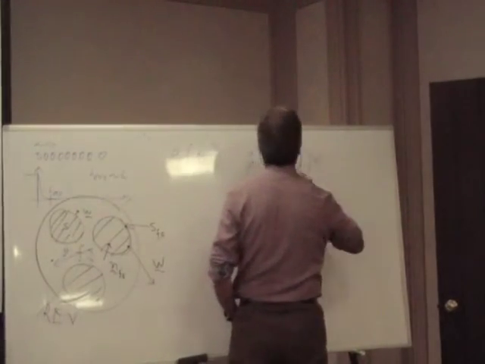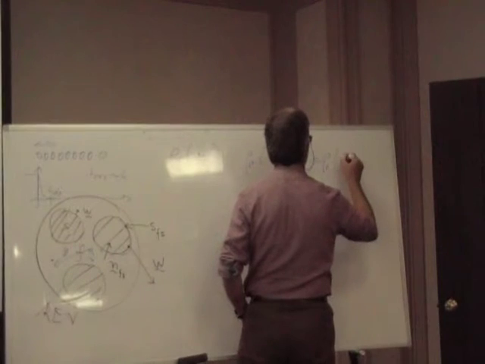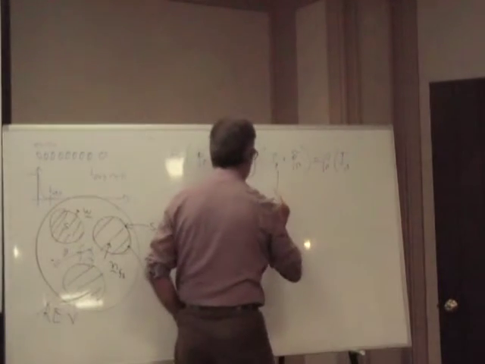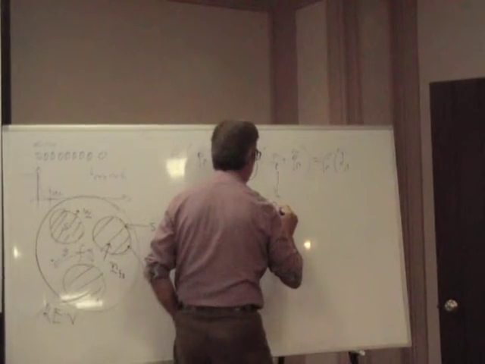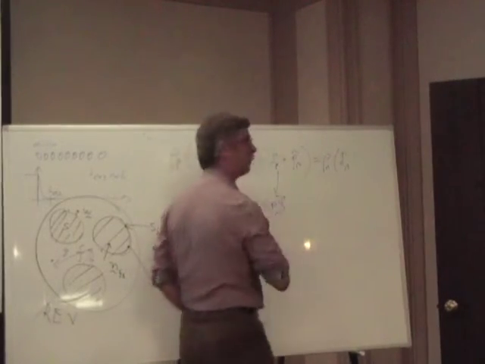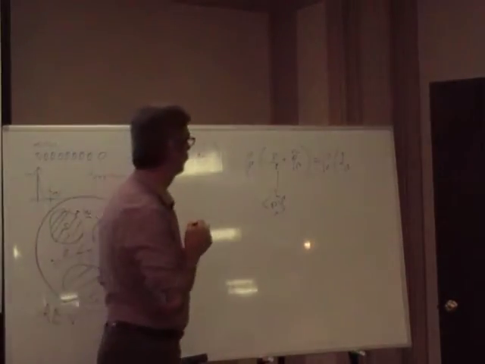So this is rho beta, p beta. It's a short notation for the intrinsic pressure.